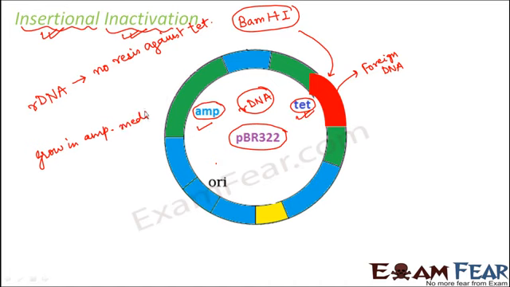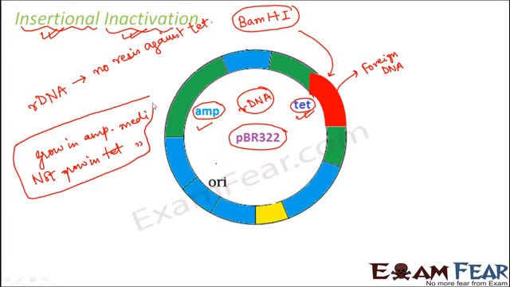So this will be able to grow in ampicillin medium, but it will not grow in tetracycline medium. And looking at this feature only, we are able to distinguish between the transformants with recombinant DNA and transformants without recombinant DNA. Right? So this is how we are able to distinguish between the transformants and non-transformants.